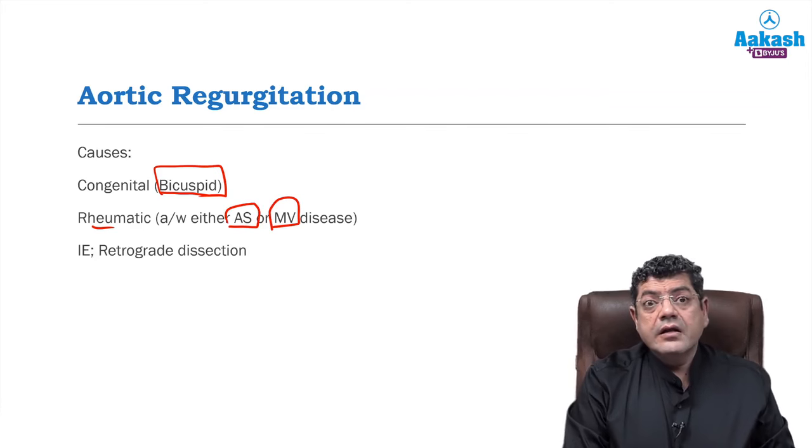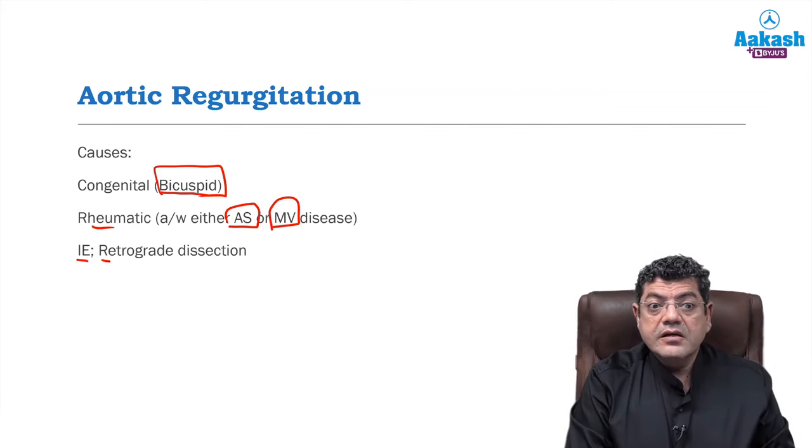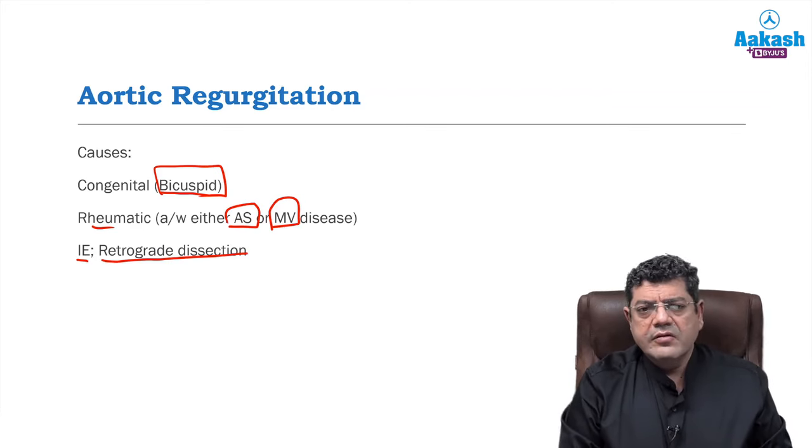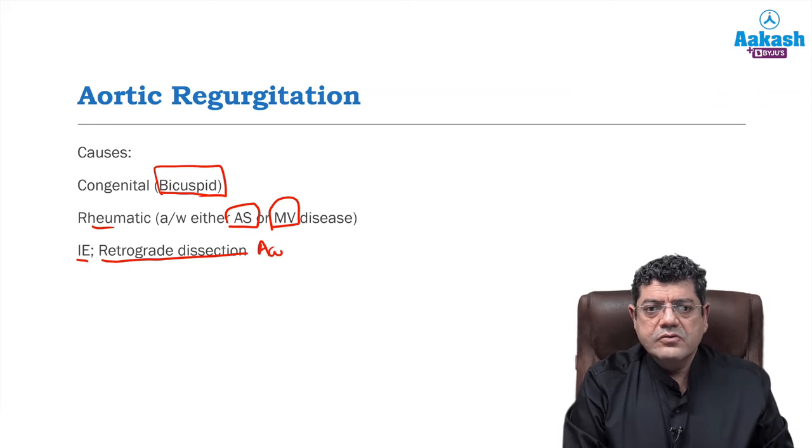Infective endocarditis and retrograde dissection of the aorta are very, very important causes because they give rise to acute aortic regurgitation, which manifests as cardiogenic shock.